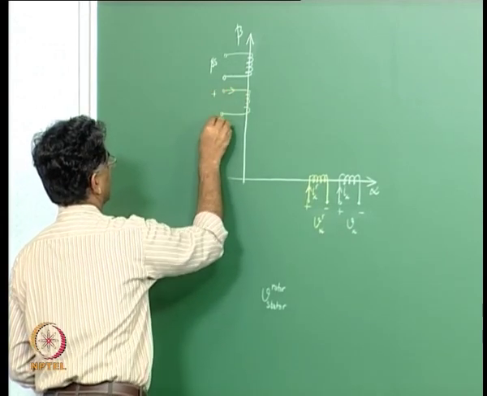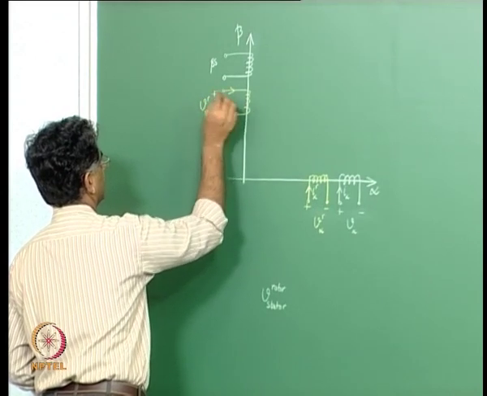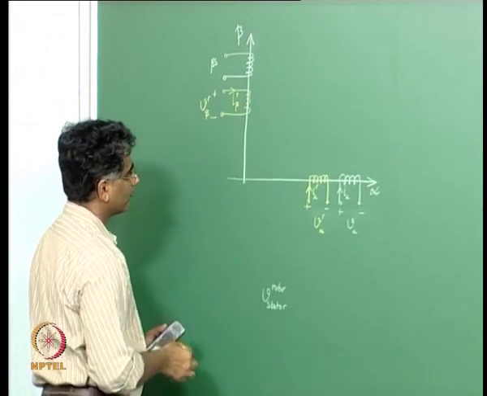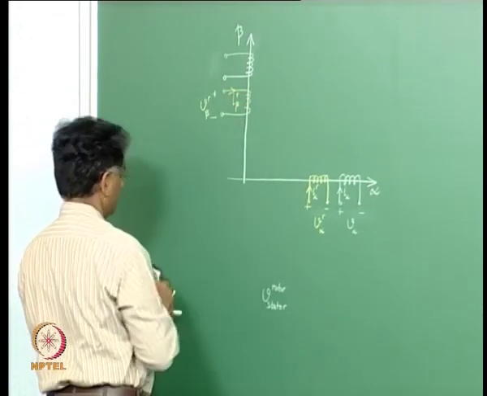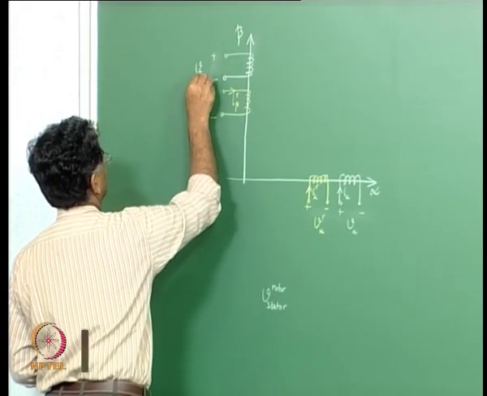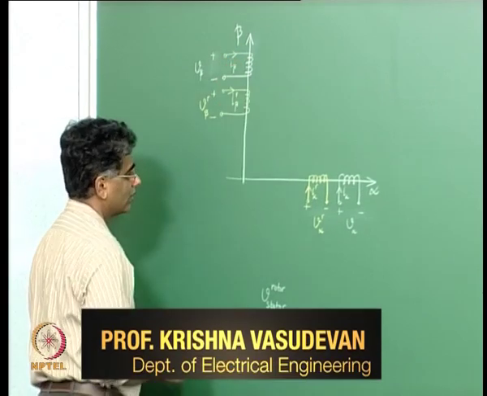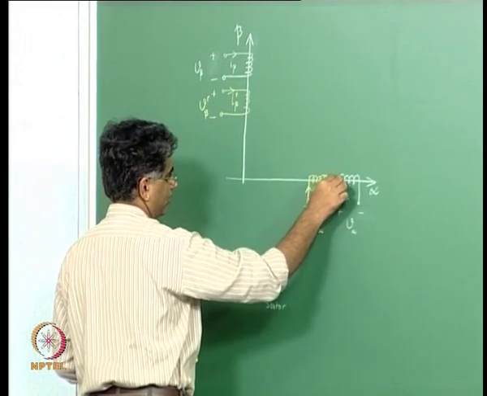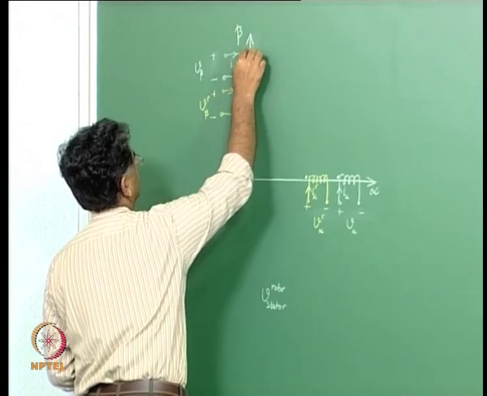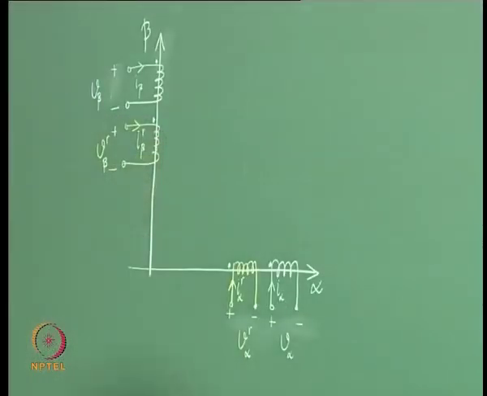Similarly you have a voltage V beta R and a current I R beta flowing, and then you have a voltage V beta and a current I beta flowing. We said the dot points are there so that currents flowing in will cause additive magnetic field in the machine.